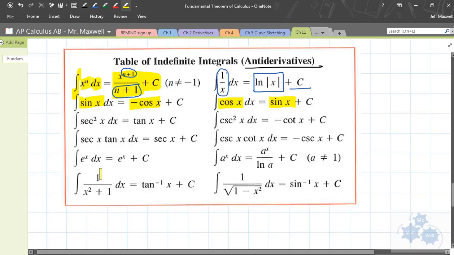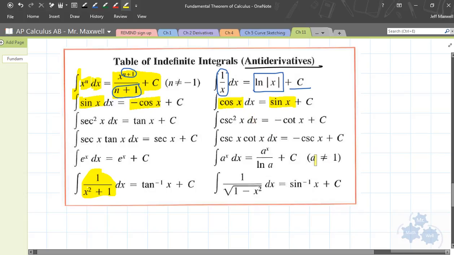You would have no idea that the indefinite integral of this right here would be tan to the -1x. You would have no idea, but it's in the chart. So if you run into something like that, and you're thinking, how do I tackle that? Check the chart first, because you may have some indication.